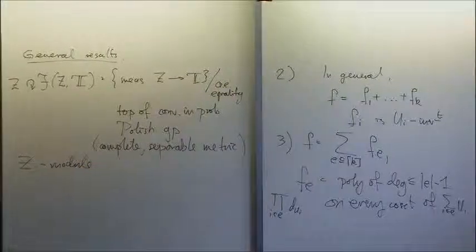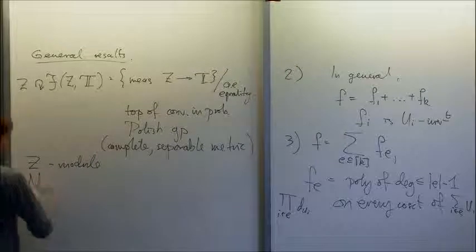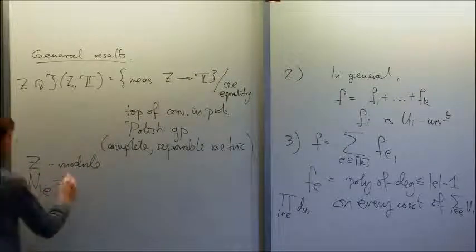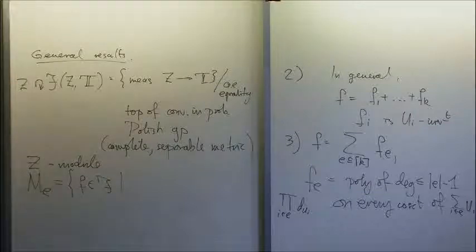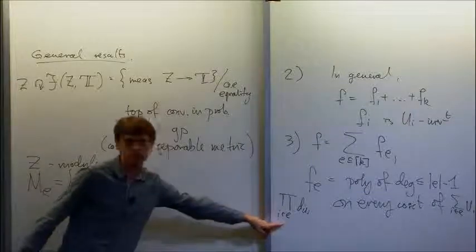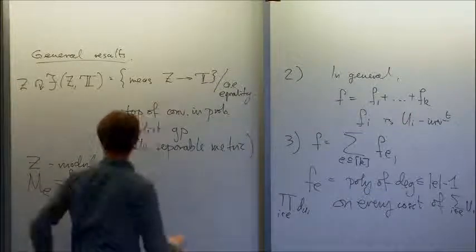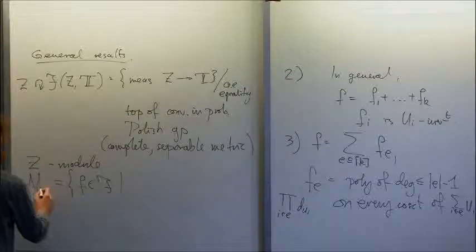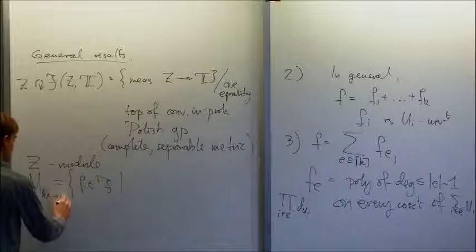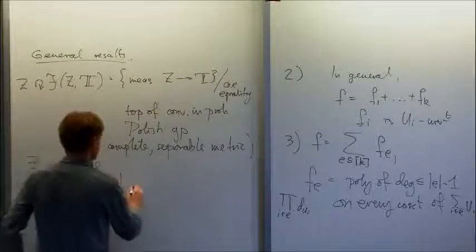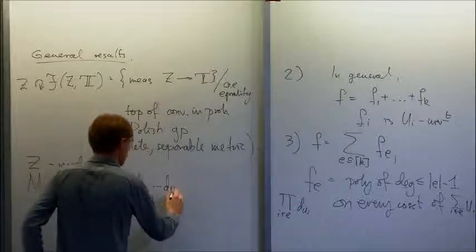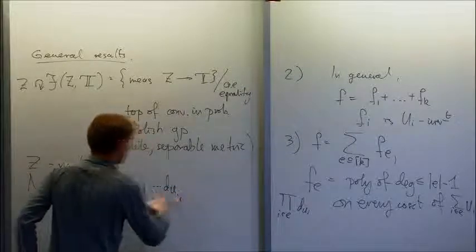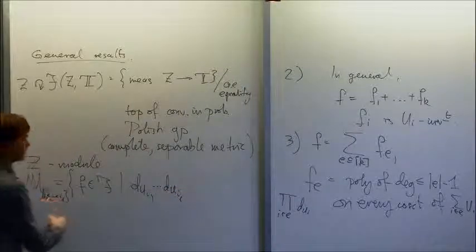And inside this, I want to pull out a collection of submodules. I'm going to write them M_E. These are the functions which are annihilated by the differencing operator that just uses the subgroups indexed by E. So let me write it instead as, give the subset a name, a set i_1 up to i_l. These are the functions that are annihilated by the differencing operator I get if I only use the subgroups U_{i_1} up to U_{i_l}.